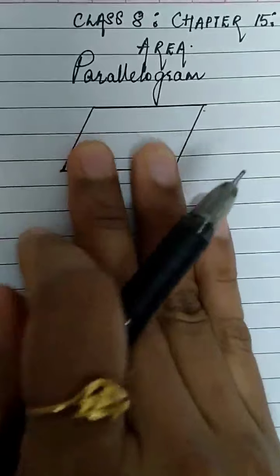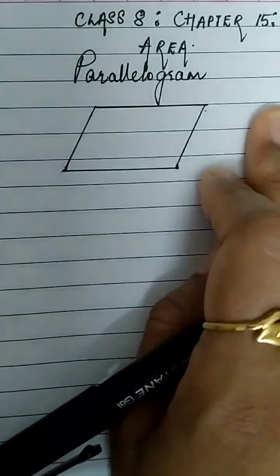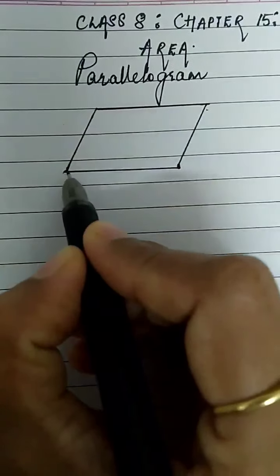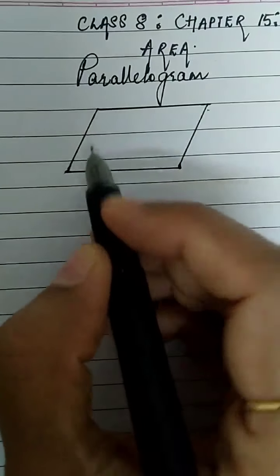This is a parallelogram. And area means the surface area, that is the area available, the space available. To find out area, we should know the base of the parallelogram and also the height.